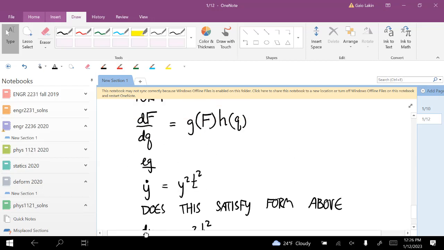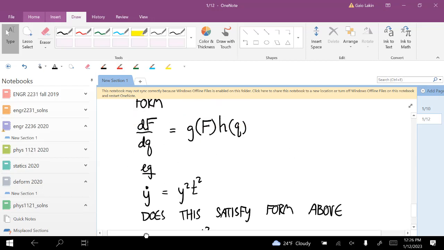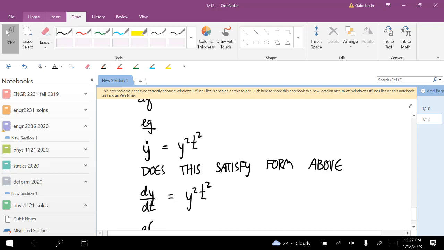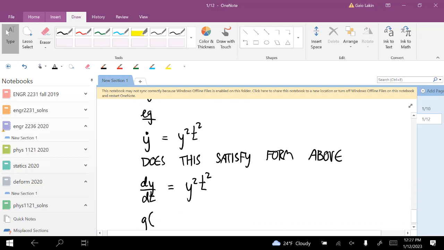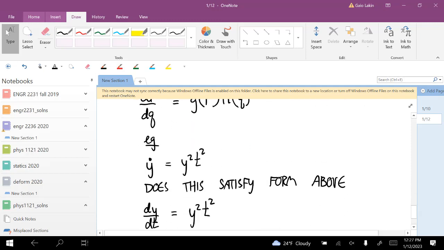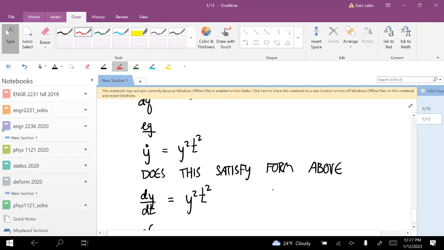So to satisfy the form we have here, we need g to be a function of our dependent variable. What's our dependent variable in this problem? Our dependent variable is y, and our independent variable is t. Okay.